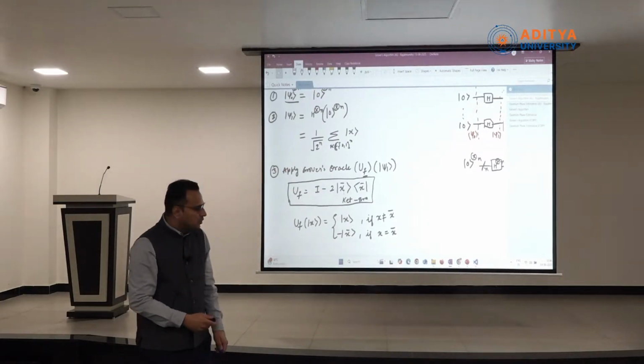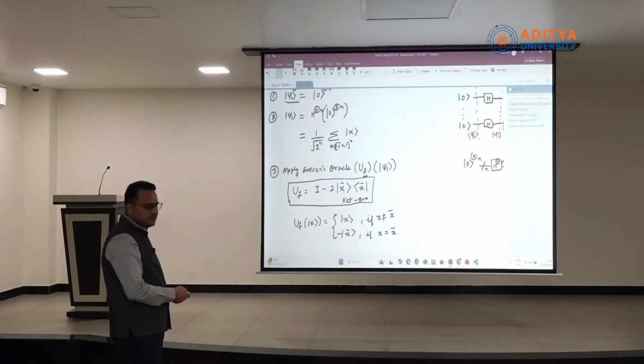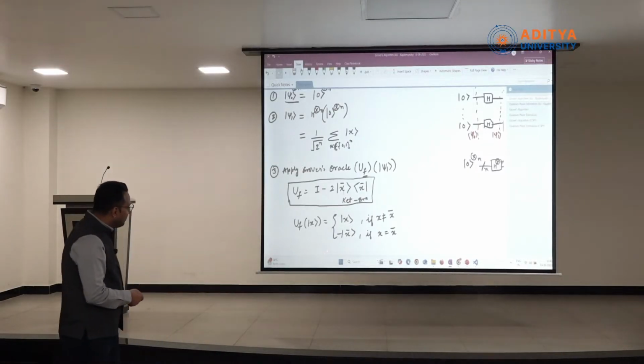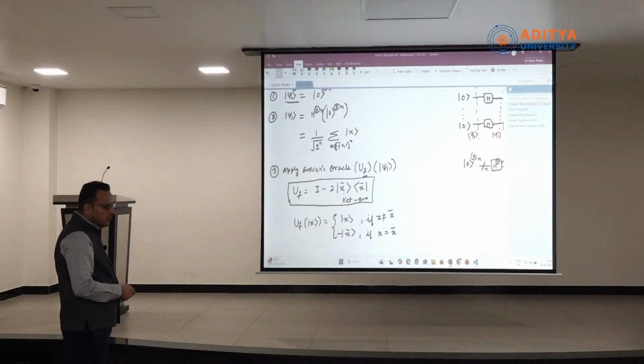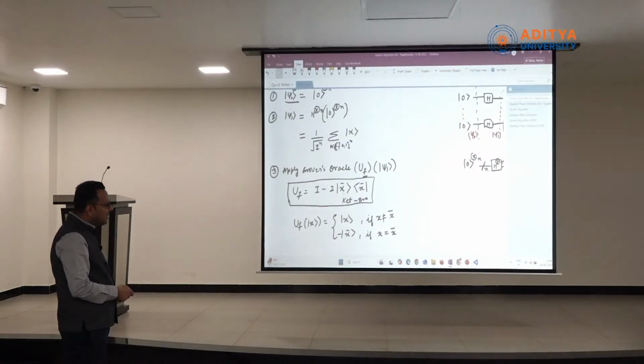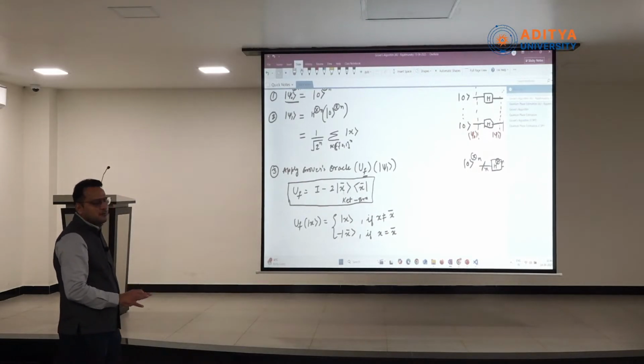So it means your unitary function works in a way that if your quantum state does not belong to the solution state, then do nothing with the quantum state. But if your quantum state is equal to the solution state, then perform the phase inversion. That's the simple approach, nothing else.